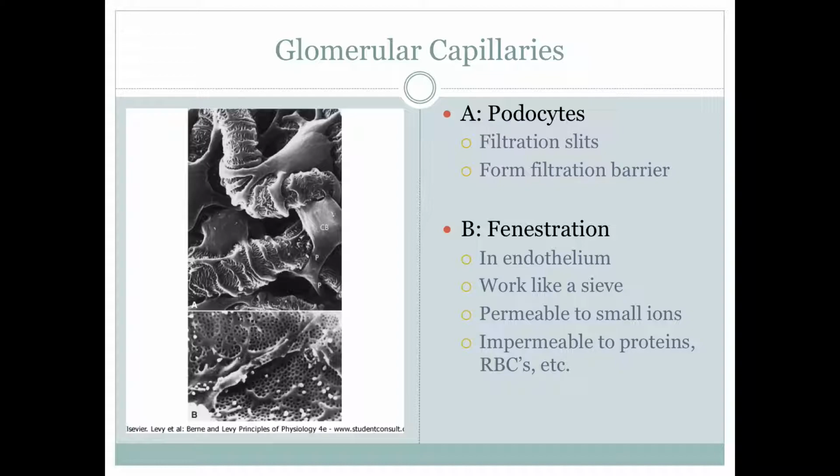This is an electron micrograph image of glomerular capillaries, and some things that I want to point out to you are, A, these fenestrations. Fenestrations are just little holes. In B, these areas of holes are our fenestrations.